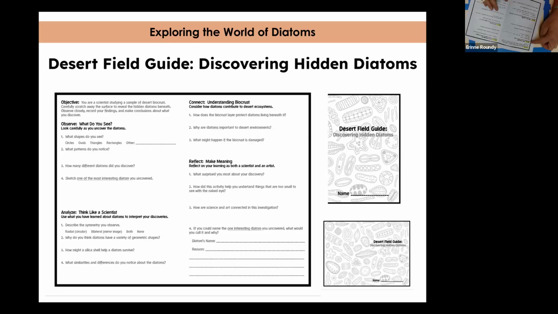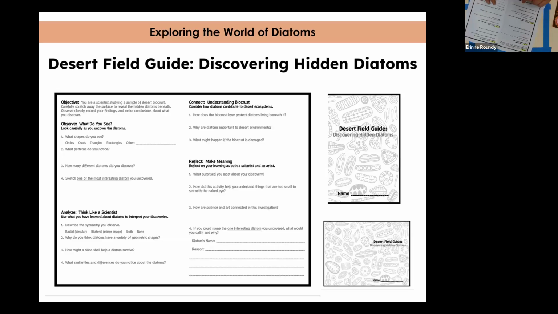They're going to look with their eyes to see what they discover, and they are going to respond to the following prompts, such as, what shapes do you see? Circles, ovals, triangles, rectangles, or other shapes? It actually even asks them as they uncover the diatoms under the biocrust, which one of them is the most interesting to you, and sketch it out in this space.